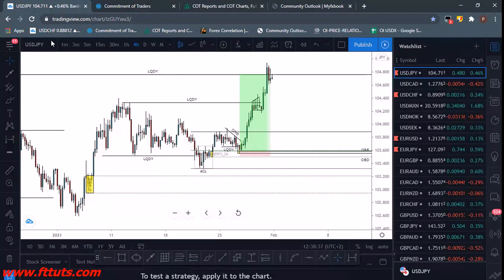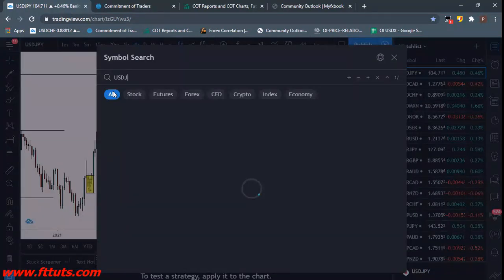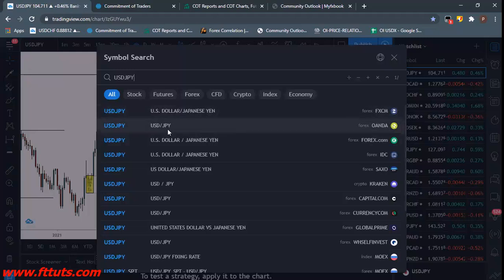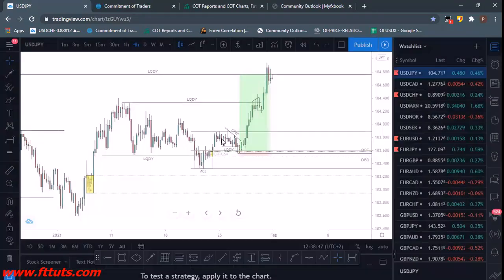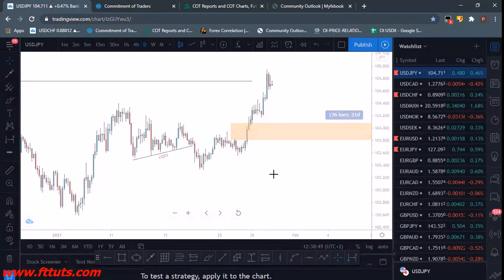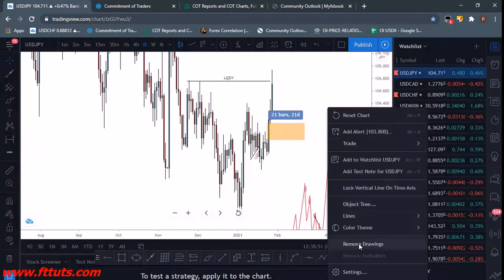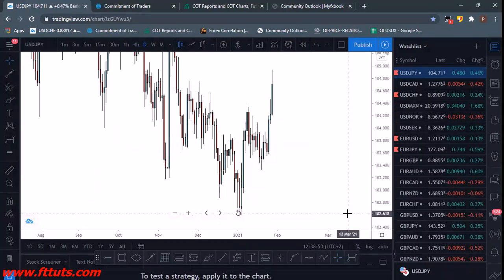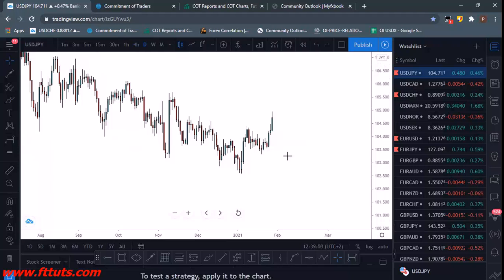Okay, so let's go back to that clean USDJPY. Now we're going to be analyzing. We're going to be putting everything to work. So let's start with it. We're going to look at everything that we talked about, and we're also going to look at Euro, GBP, and then we're also going to look at KJPY. Okay, so then we'll be done.